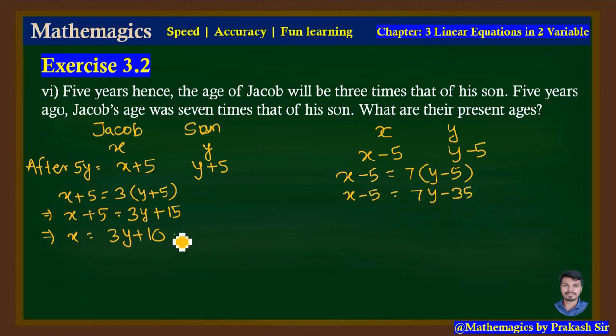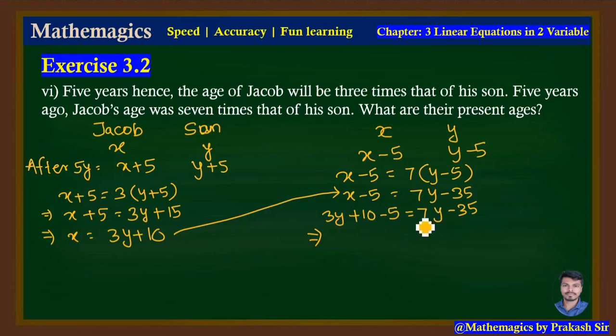Here this value we can put against this x, and this is the substitution method. So according to the question, this is 3y plus 10 minus 5 is equal to 7y minus 35. Let us solve it. Directly we will get the value of y. 7y will come this side, so it becomes minus 7y. 3y minus 7y becomes minus 4y, plus 10 minus 5 becomes 5, and that side the answer is minus 35.